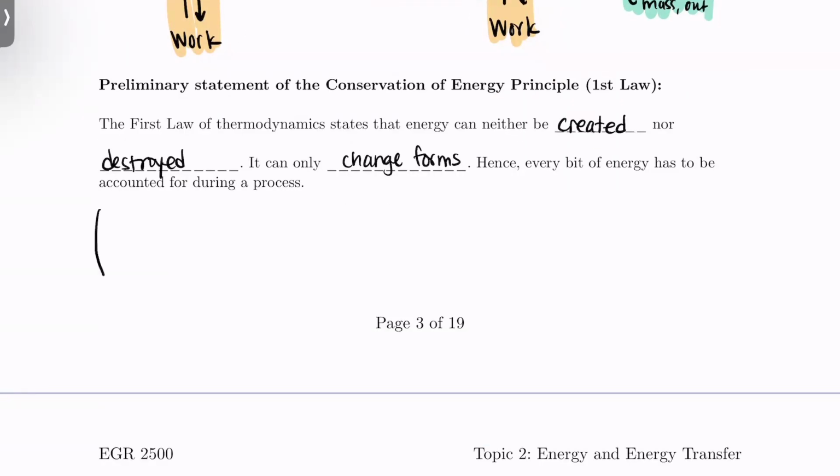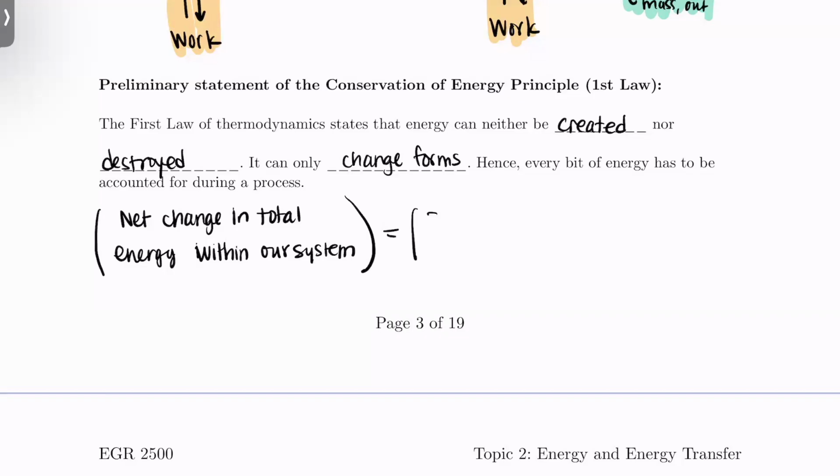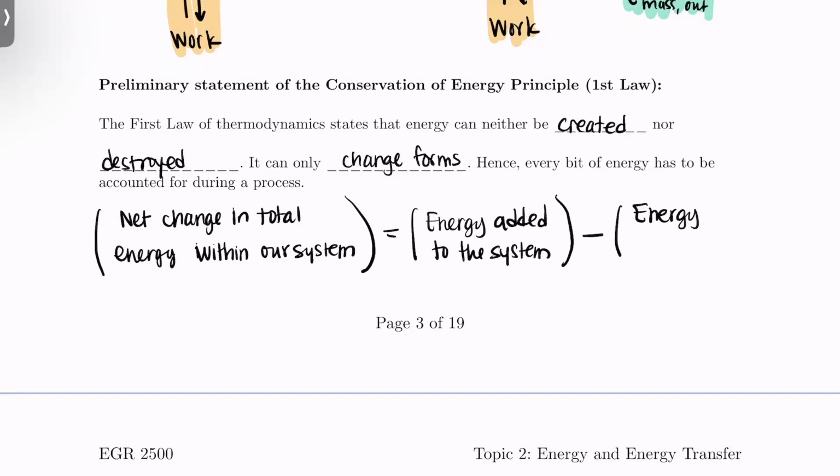All right. And we can write that down as the following. So we can say the net change in total energy within our system is equal to the energy added to the system. So this is the energy coming in, minus the energy removed from the system or the energy going out.